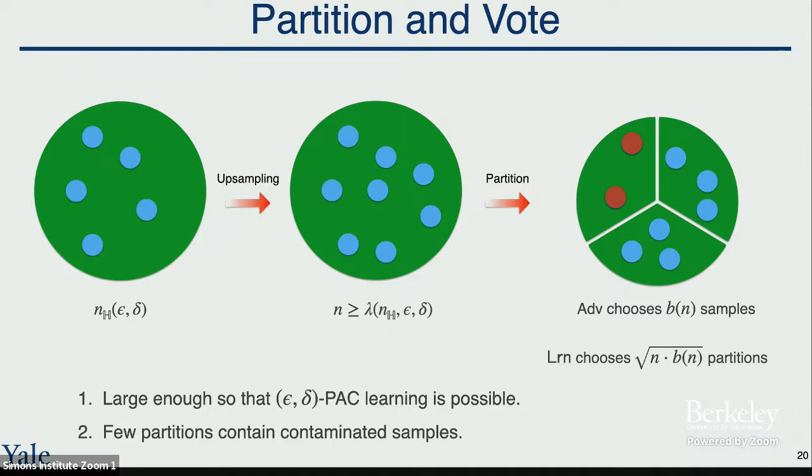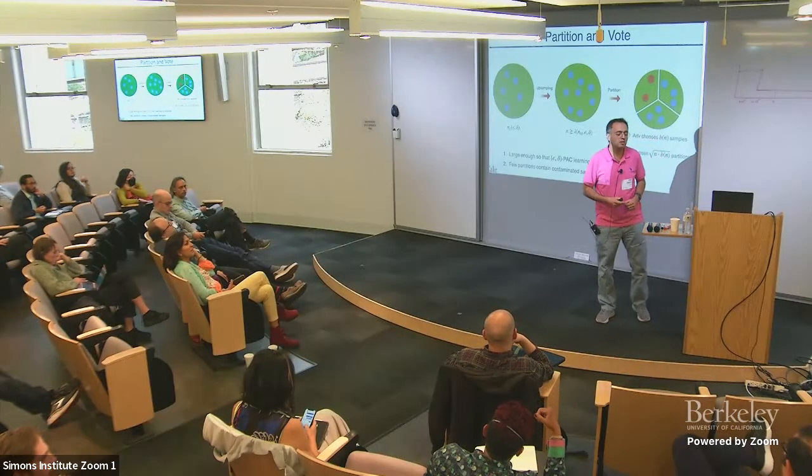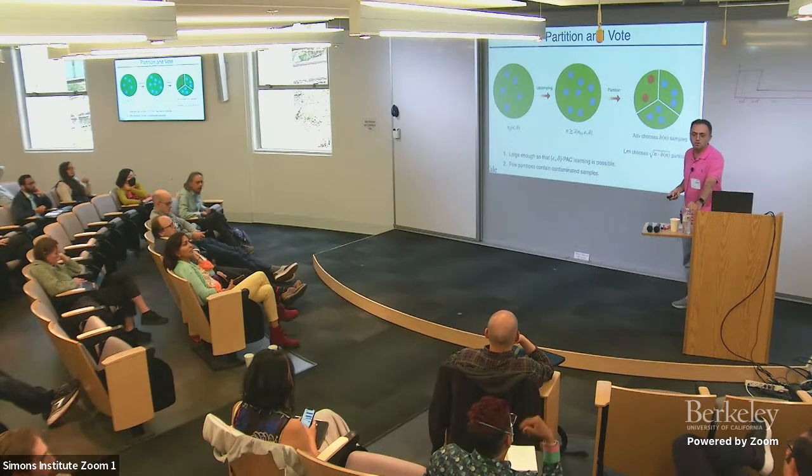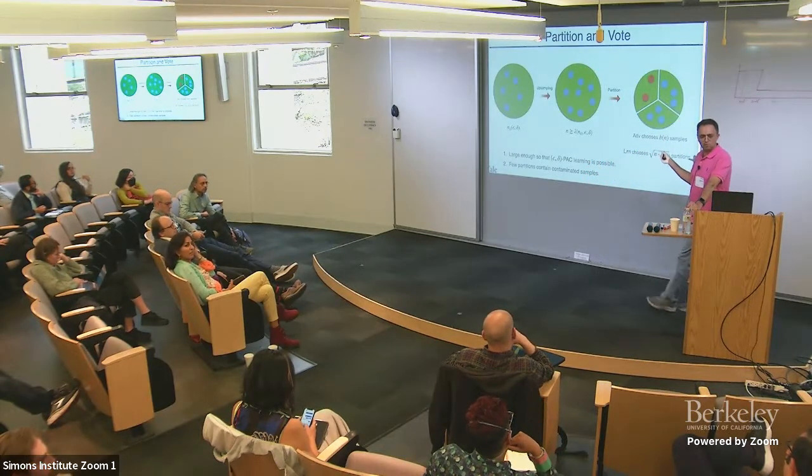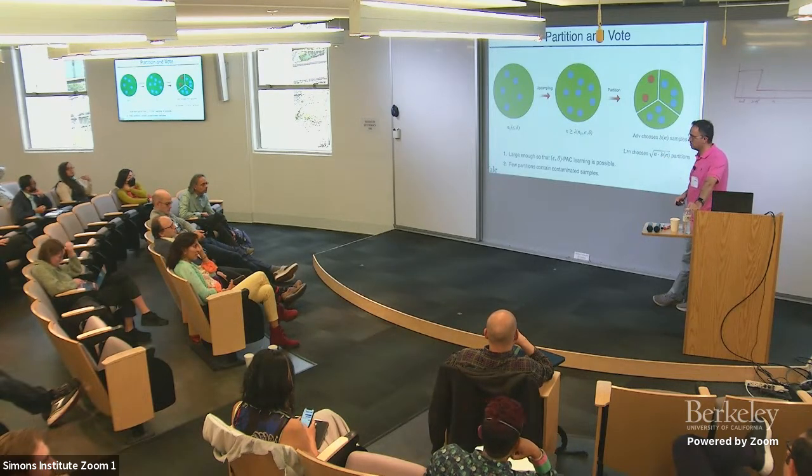No matter what the adversary does, not so many of them are going to be contaminated. I think of this like packet erasures: each partition is like a packet, and you're doing erasures from packet to packet. We take the majority vote. Because not so many of them are contaminated, the majority vote is going to be correct. Pigeonhole, majority vote.